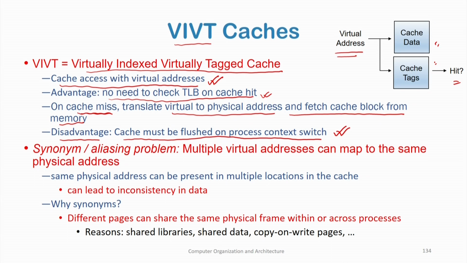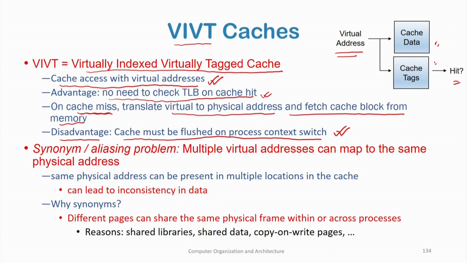Therefore, when there is a context switch, I cannot keep the cache contents anymore. I have to flush everything that was in the cache, and when the new process comes in, I will again incur a set of compulsory cache misses. So, this is the first disadvantage: the cache needs to be flushed at every context switch when I use virtually indexed, virtually tagged caches.